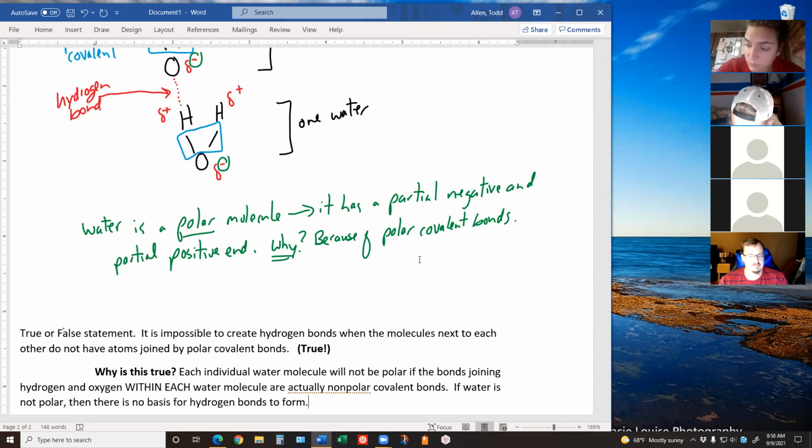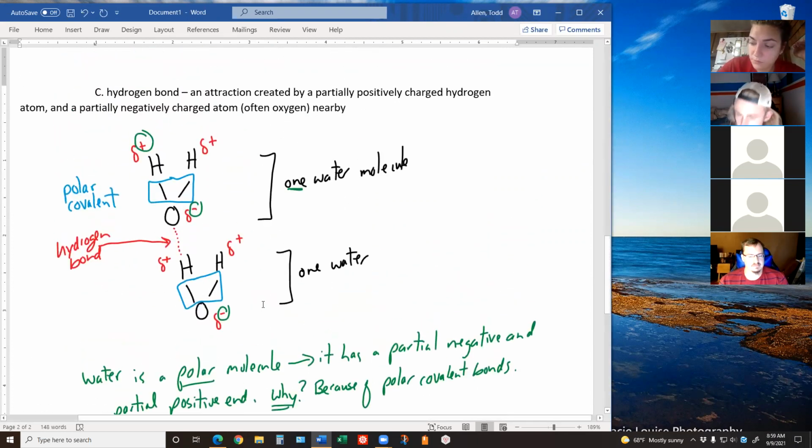Well, what you say is true. I'm not sure it entirely is an appropriate analogy here, right? If you put two positive ends together, positive charges repel each other. In our water example, the water molecule on top, the bottom oxygen has a partial negative charge.